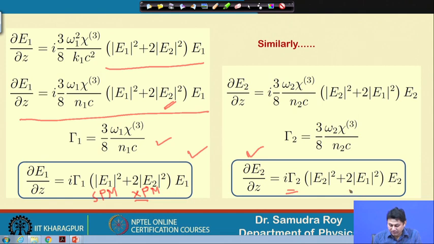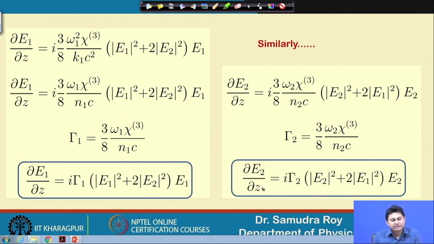So, here this is my cross phase modulation term and this is my self phase modulation term SPM. So, cross phase and self phase modulation terms are still coming here, and this is the E2 field, and we have a set of equations which basically gives us the idea of cross phase modulation.